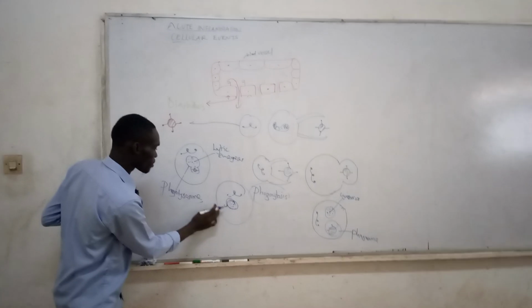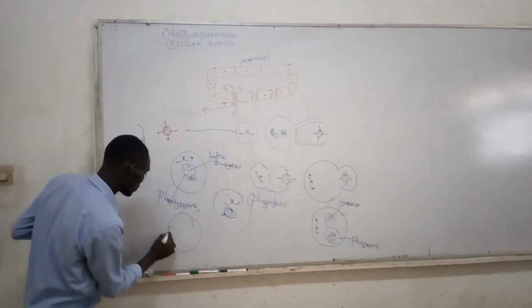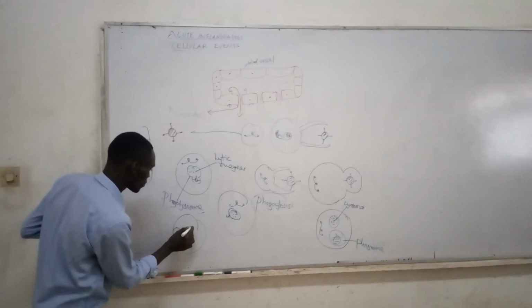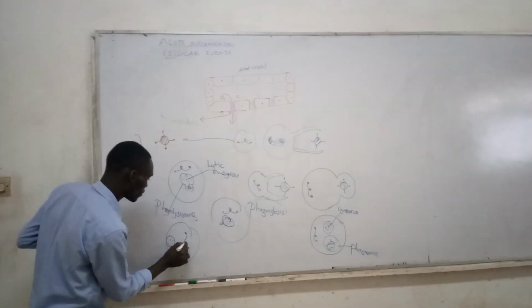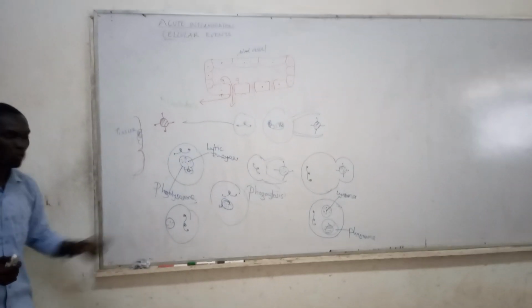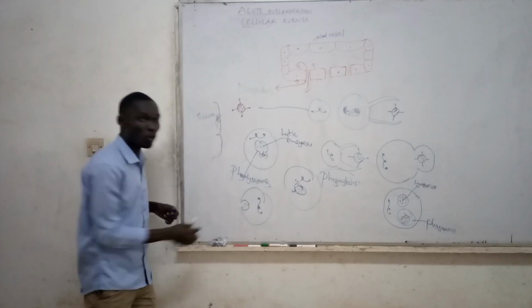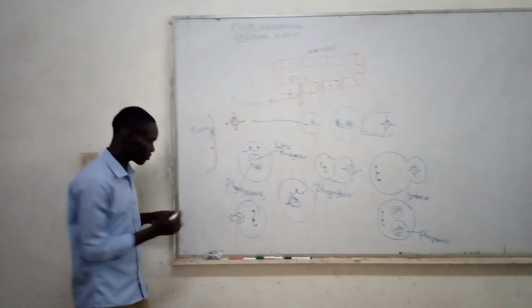So this is a neutrophil. When the phagolysosome comes towards the membrane, what happens? It expels its contents outside.